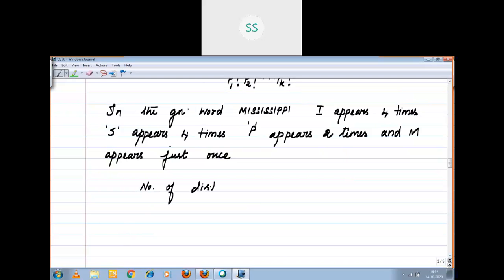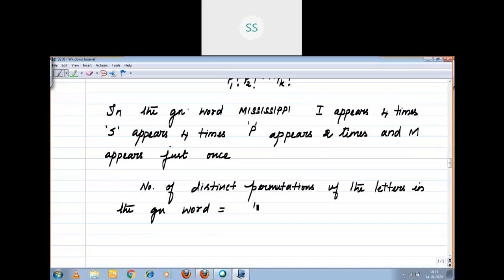Now, the number of distinct permutations of the letters in the given word Mississippi.